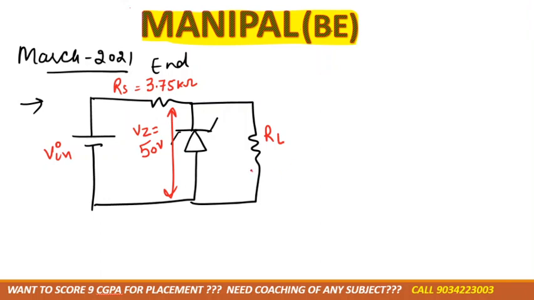RL they haven't given, but they give you the load current, that is 25 milliampere. They said find the limits for V in, meaning we need to calculate V in minimum and V in maximum.